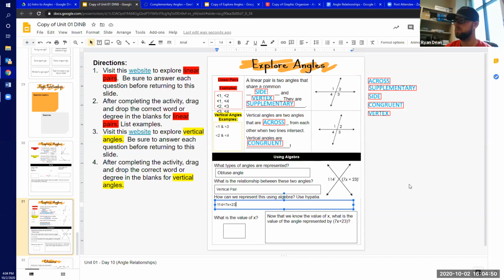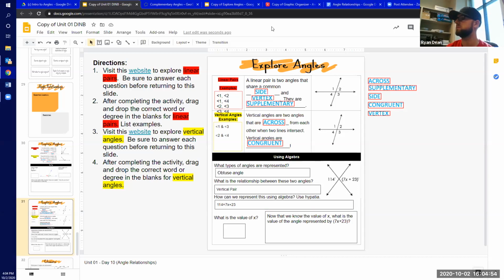So when I solve for x, this is all just algebraic stuff. Over here we have 114 equals 7x plus 23. I want to get the x by itself, so I'm going to subtract 23 from both sides, just doing the opposite operation.